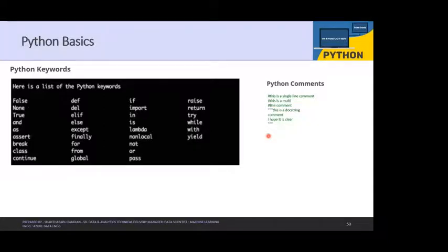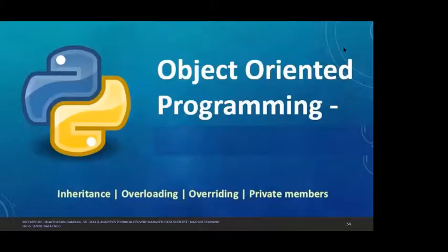Right. So now we jump into object-oriented programming, right? It's very, very important. Once any programming language supports object-oriented programming, the language becomes robust.